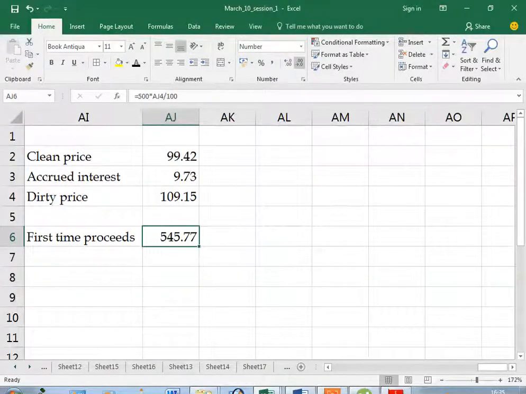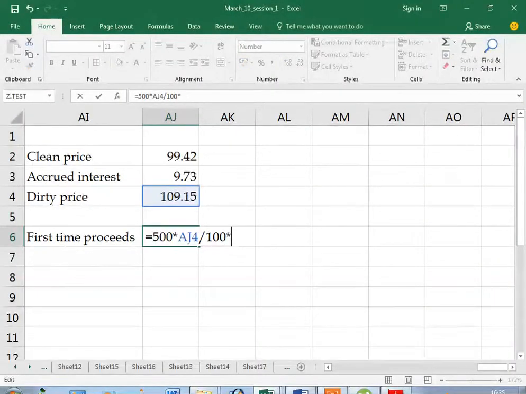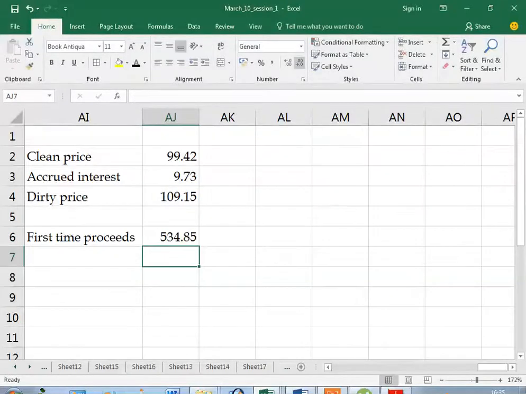In this, there is a margin of 2% kept. So net the start proceeds is only 98% of this. So I can take this instrument and get an amount of 534.85 lakhs. That is 500 into 109.15 divided by 100 into 98%, the start proceeds.